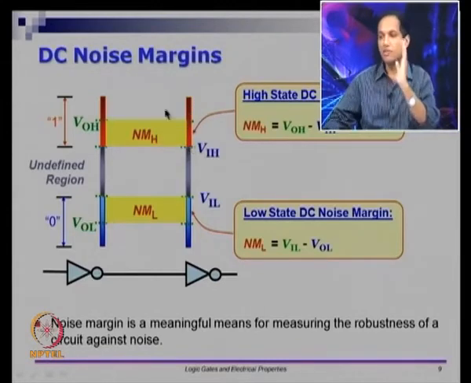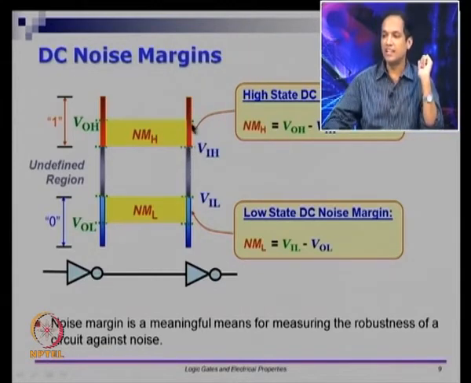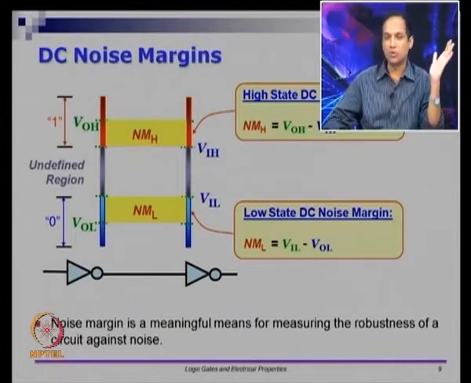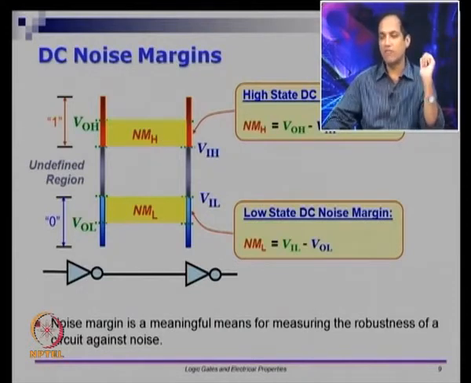If I have a circuit like this, then the higher the noise margin for H, the more it can take a relatively weak 1, so to say, and it can still drive a very strong 1 at the output.